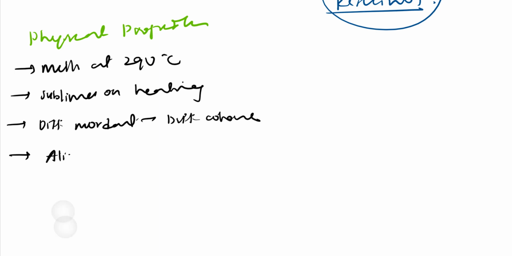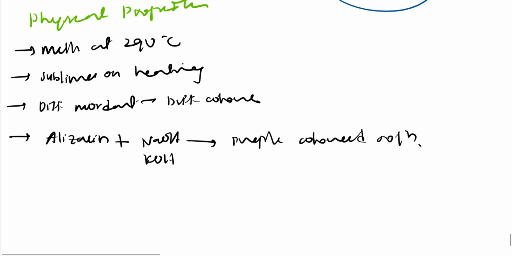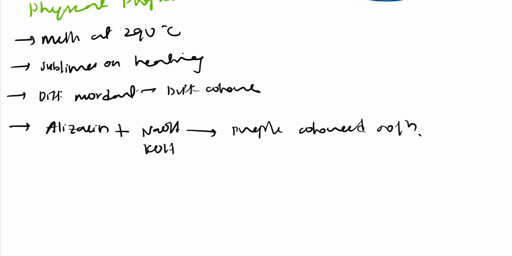So I have this alizarin. When I add any alkali like NaOH or KOH, it will form a purple colored solution. This we again study in the chemical properties or chemical reactions of alizarin. This thing you remember, there I will tell it.